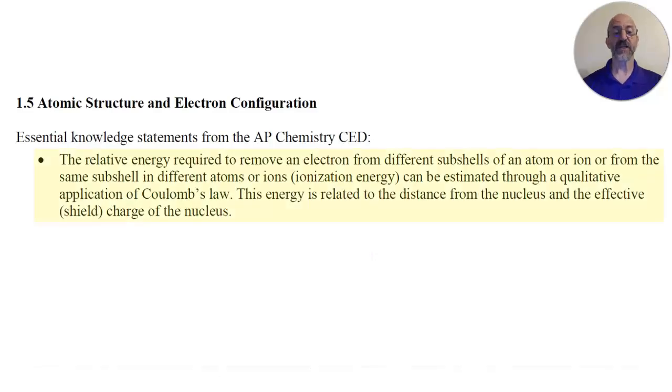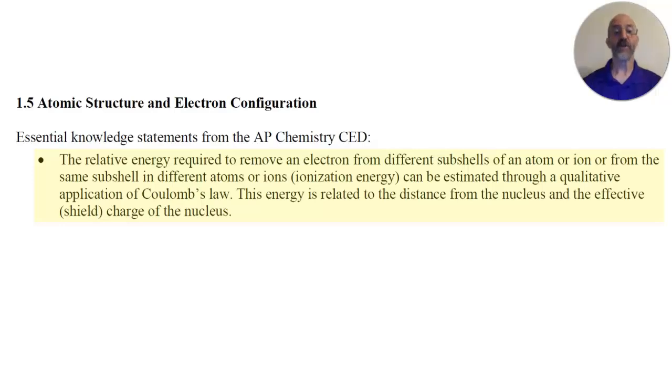The relative energy required to remove an electron from different subshells of an atom or ion, or from the same subshell in different atoms or ions, the ionization energy, can be estimated through a qualitative application of Coulomb's law. This energy is related to the distance from the nucleus and the effective shield charge of the nucleus.